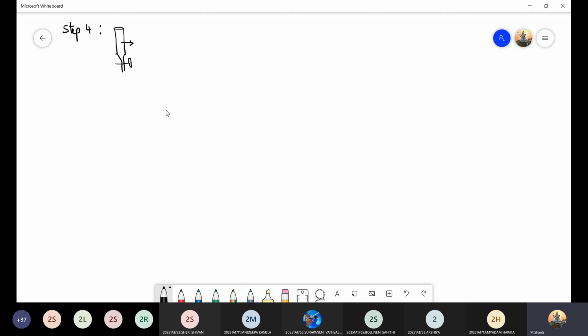What has to be taken in the burette? EDTA, ma'am. Yeah, good. And what does the conical flask contain now?